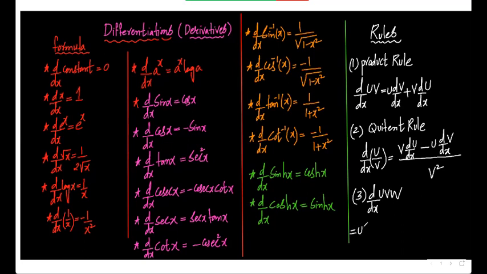You have to keep UV as it is, then the derivative of the third term, plus keep two of them as they are: UW as it is, d by dx of V, plus VW as it is, and d by dx of U. Every time, two terms we have to keep outside and one term we have to differentiate. This is the rule.